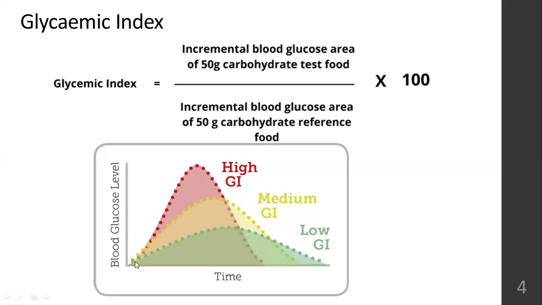Every half an hour, check their blood glucose level. You will see that when you have this 50 grams of sugar on empty stomach, will it be high glycemic index, medium, or low? What do you think? On empty stomach, you're having lime water with 50 gram of sugar.